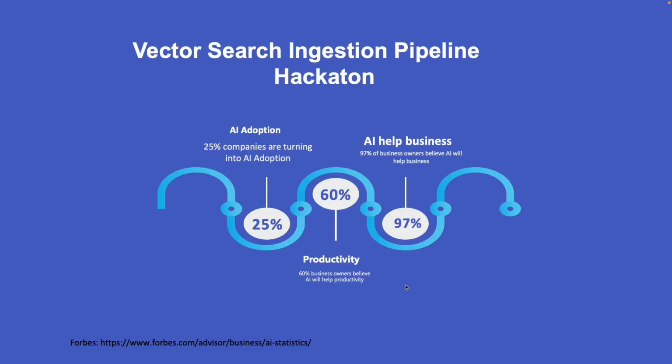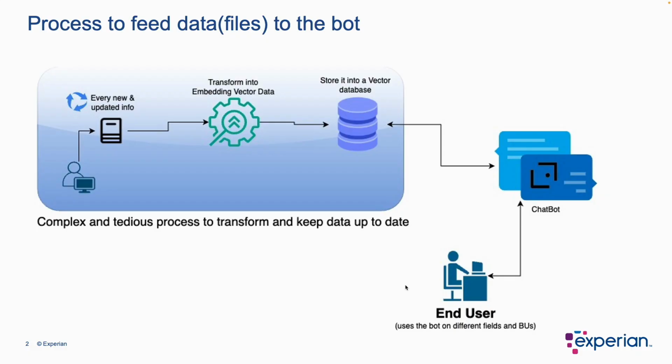Hi, we are presenting today the vector search ingestion pipeline, which is an automated fashion to make data available to a chatbot. Basically, we are trying to understand the context.